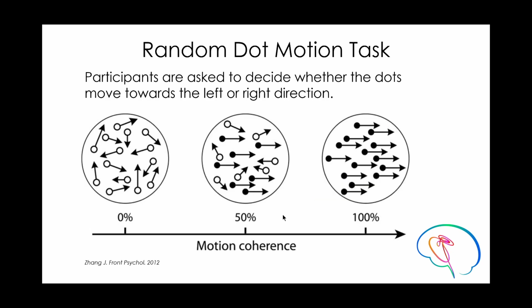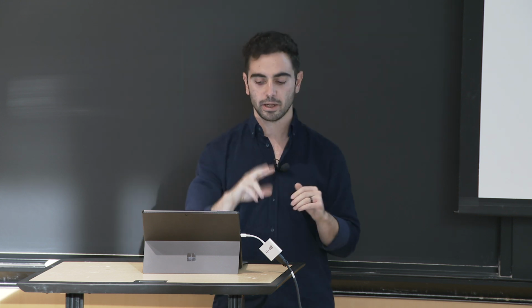And now moving on to the experiment that you will model in a sense with a circuit. It's the random dot motion task, right? Where essentially a participant sees this pool of dots as they move in space inside this aperture, and they need to decide what direction the dots move towards, right? Again, binary choices.